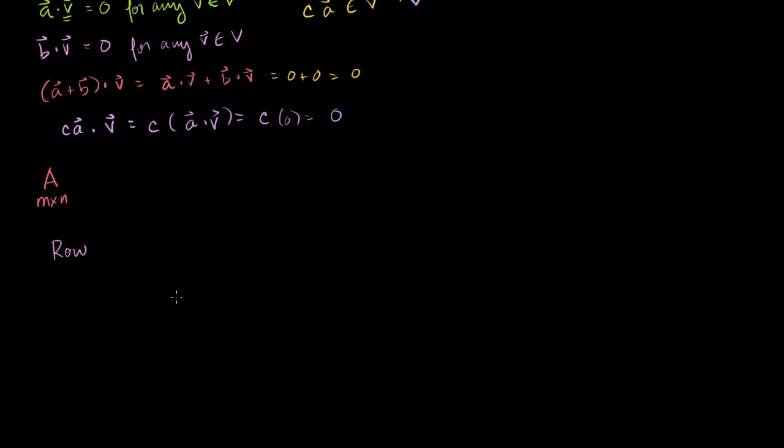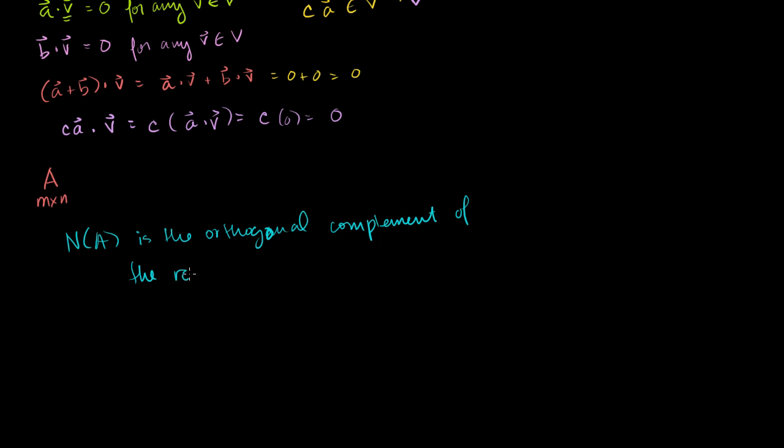I wrote that the null space of A is equal to the orthogonal complement of the row space of A. And the row space of A is the same thing as the column space of A transpose.